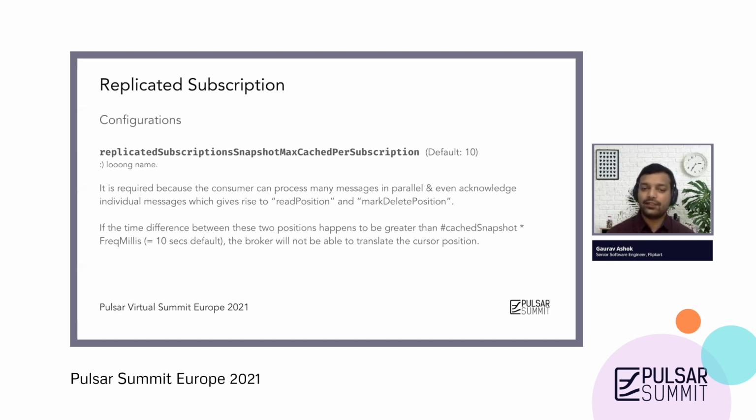So it is totally possible that the marked delete position is far behind the read position. And if the difference between these positions is more than the time covered by the number of cached snapshots times the periodicity of the snapshot, then the subscription doesn't have enough snapshots to translate your current marked delete position.